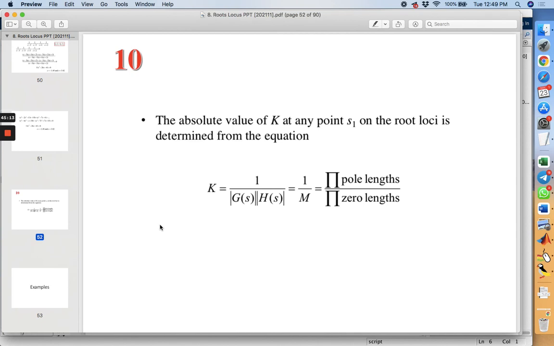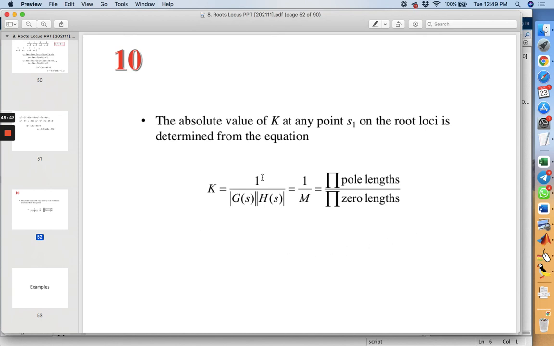Okay, and finally property number 10. This property says the absolute value of k at any point s1 on the root locus is determined from the equation k equals 1 over absolute gh, equals 1 over M, which equals the product of pole lengths over the product of zero lengths.